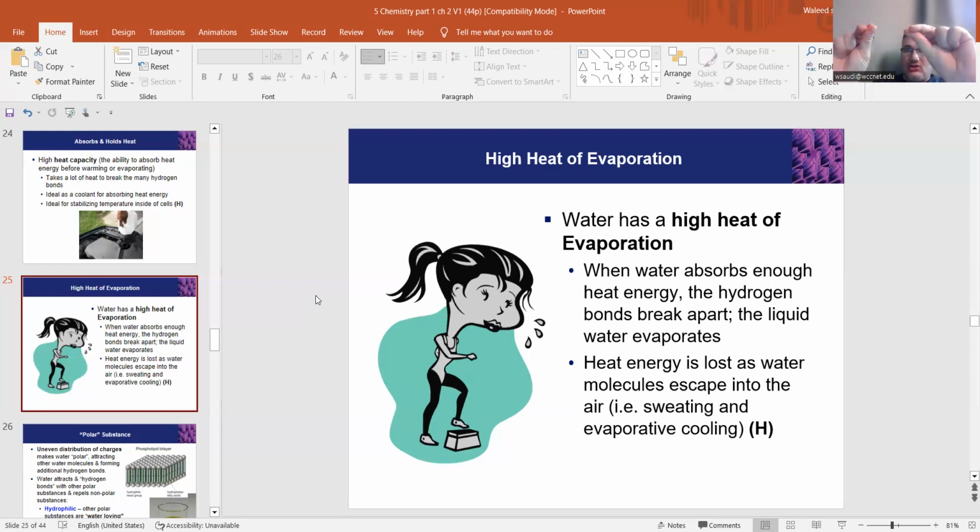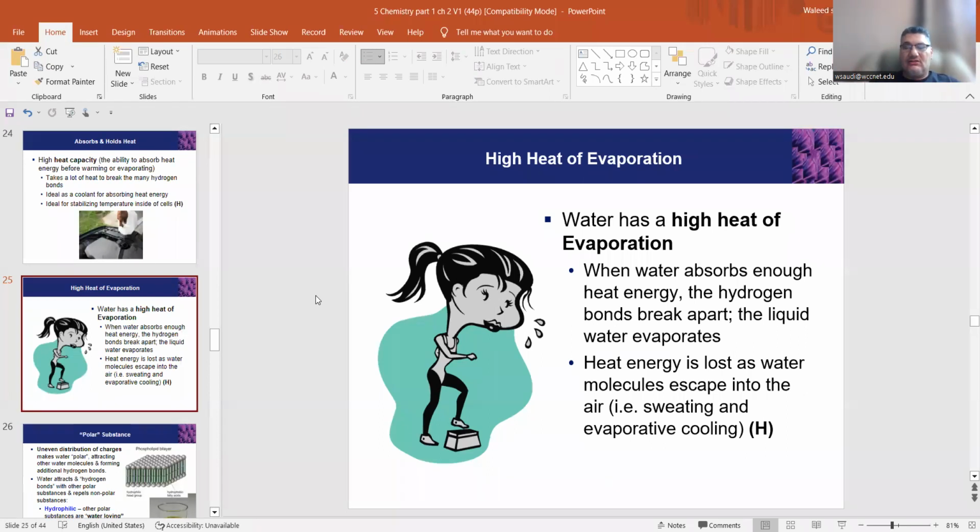Here is another molecule, if you can see my hand: oxygen and two hydrogen. So now this oxygen is slightly negative, and the hydrogen of another molecule is slightly positive. There is a slight attraction to each other between the oxygen of one and the hydrogen of the other. This is hydrogen bonds.